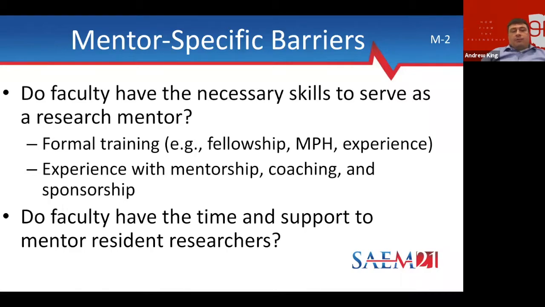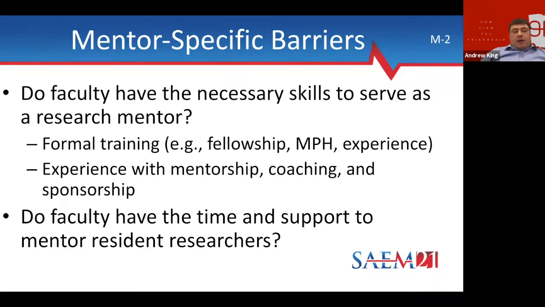Maybe they don't have experience serving as a mentor or a coach or a sponsor. Maybe they are nervous to take a resident under their wing when they don't have the confidence or the experience necessary to be the researcher or mentor that particular resident needs.